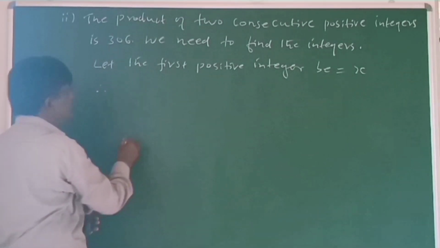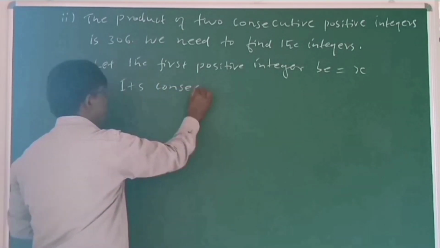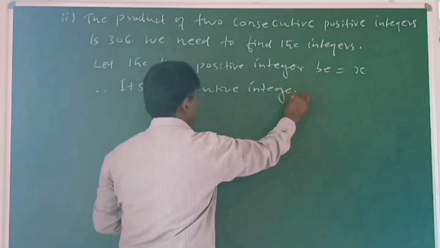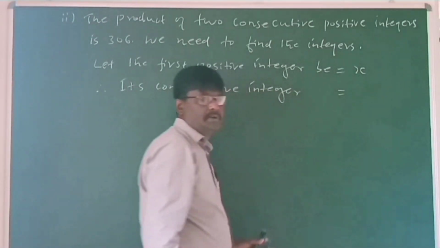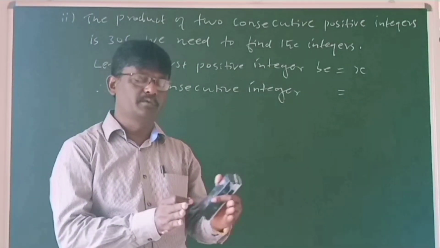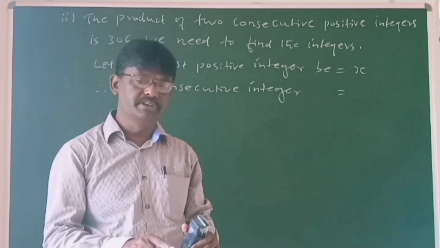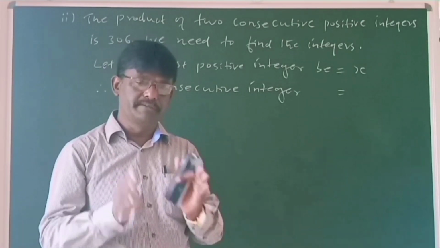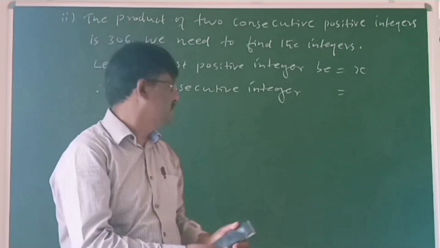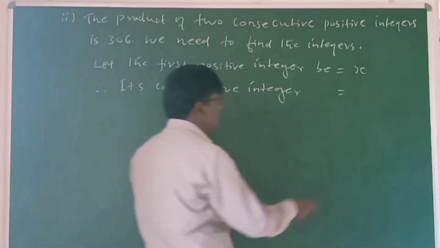Therefore, its consecutive integer will be, yes children, integers we know what, 0, plus or minus 1, plus or minus 2, plus or minus 3, etc. Hence, between any two consecutive integers, the difference is 1. If the first integer is, say for example 5, the next integer is 5 plus 1. Hence, in general, if it is x, then its consecutive integer will be equal to what?